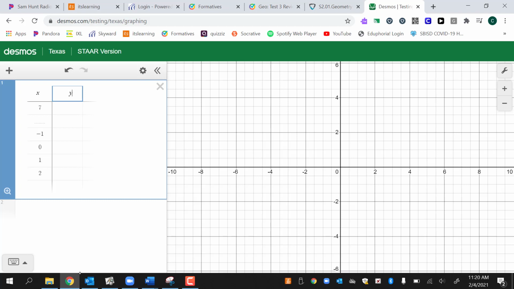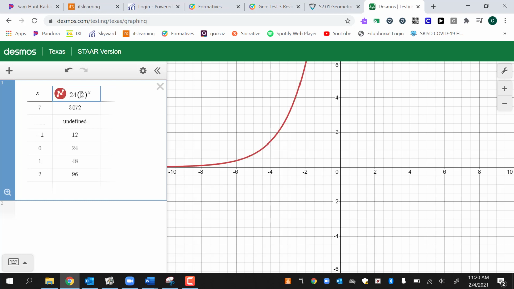Okay, so I have y equals, what did we say, 24, parentheses 2 to the x power. Does it not want y equals? I guess we don't have to say y. There we go. Okay. So there's my equation. And this time I can see a graph. Oh, good. Because the numbers on this one are smaller than the numbers on the last one where they were talking about 10,000.